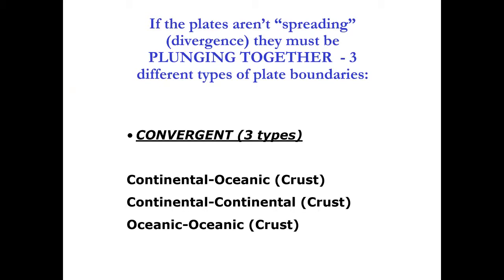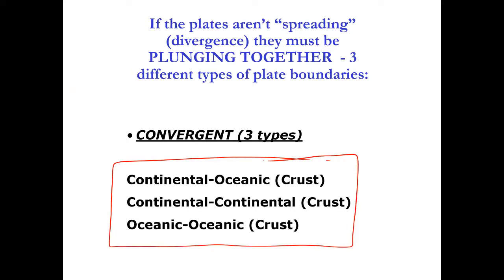With convergence, we have 3 different potential outcomes of how convergence can occur. Because remember, we have 2 different crust types, continental crust or oceanic crust. And if you remember, they're not the same density, and therefore they don't rise and fall based on isostatic equilibrium that you learned from Lab 1.